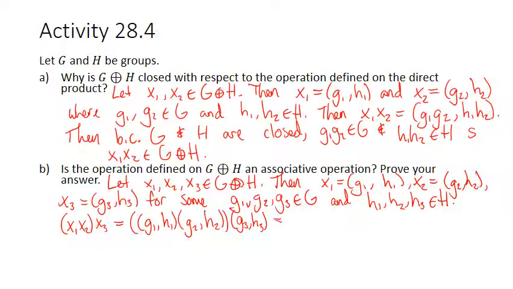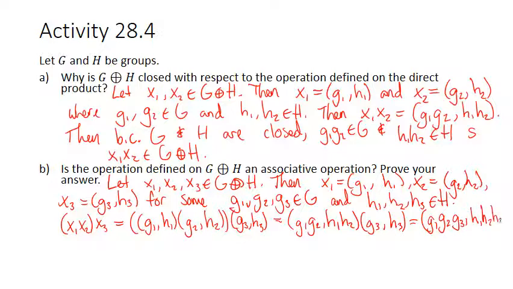So I'll do the part inside the parentheses first. This is going to give me (g1g2, h1h2). Okay, and now I can multiply that with (g3, h3). So this is going to give me (g1g2g3, h1h2h3).